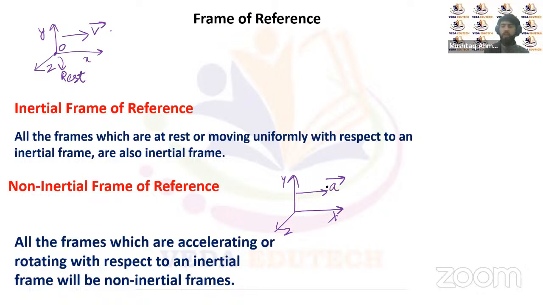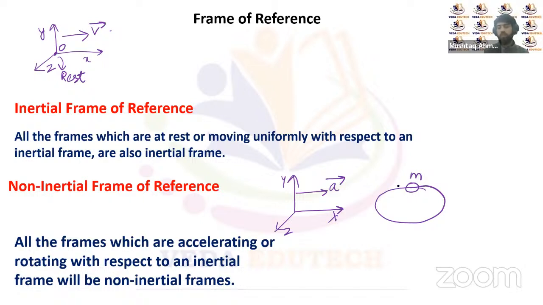Similarly, suppose there is a body of mass m moving in a circular motion. This body is in continuous rotation, or we can say the body is accelerating, because its velocity is changing at every instant.